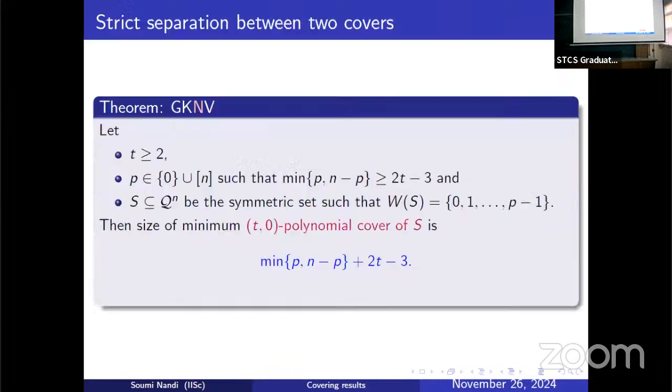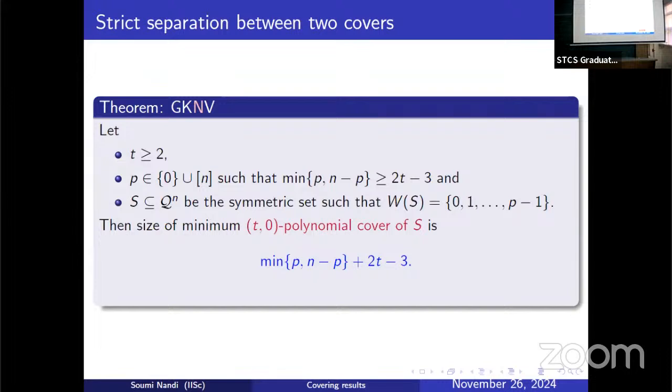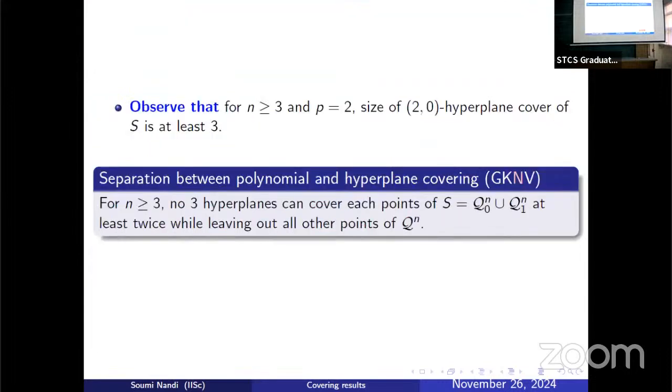And also we can prove this directly. And this gives a strict separation, because if we take any n which is at least 3 and P to be just 2, then consider a 2-0 hyperplane cover. From this lower bound we will get that at least 3 hyperplanes will be needed.